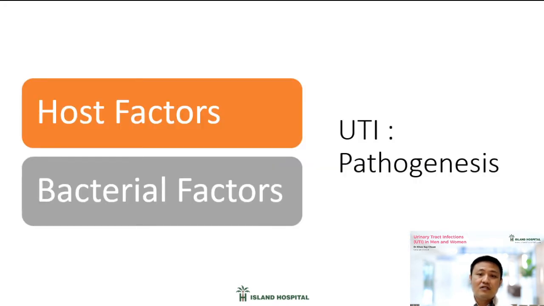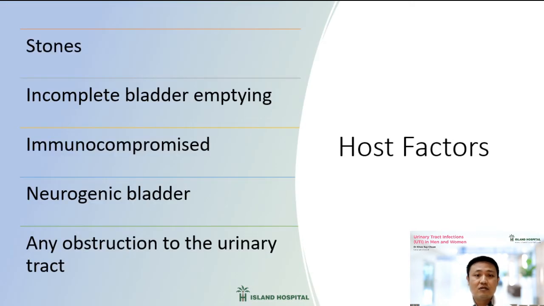Now, when we talk about infections, we need to look at two factors. One, host factors, which means ourselves, the human body, and second, the bacterial factors. For host factors, like I said again, we need to assess if there are any stones or not. Stones are a common nidus for infections. Then we need to check how patients empty the bladder, how much urine is left inside after they pee.